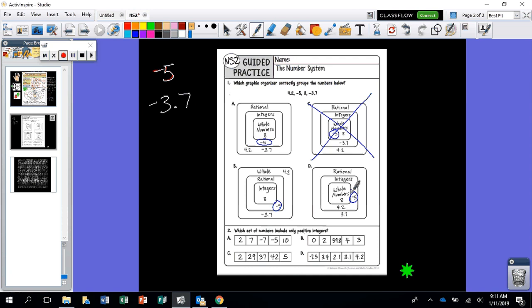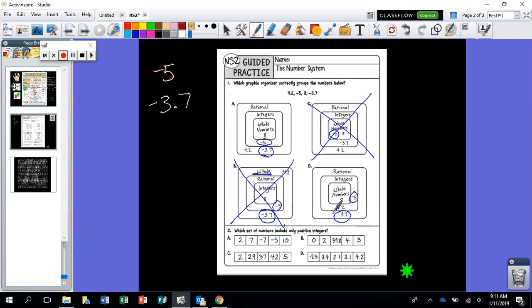Now we also have -3.7, and 3.7 we know does fall under rational here, and it does not, however, fall under the term whole number. So this one cannot be correct. And here it is under rational again.